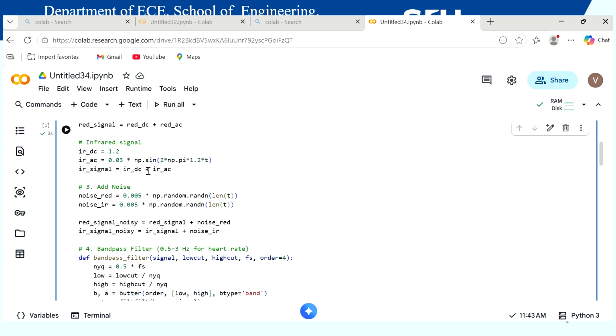It is similar to the red signal, but with a slightly higher DC and slightly higher AC amplitude. This difference helps calculate oxygen saturation.